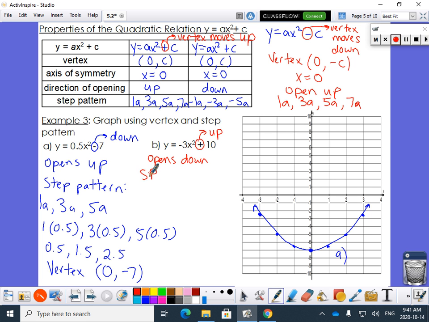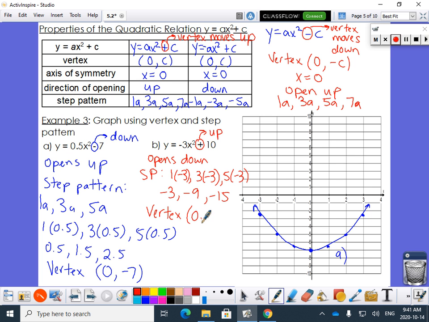I'm going to do SP for that, okay? What's my A value? -3, so I'm going to go 1 times -3, 3 times -3, 5 times -3, which gives us -3, -9, -15. What's my vertex?